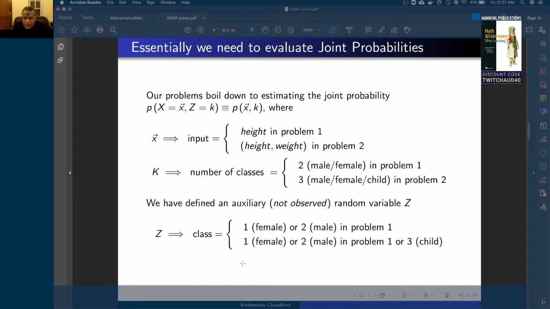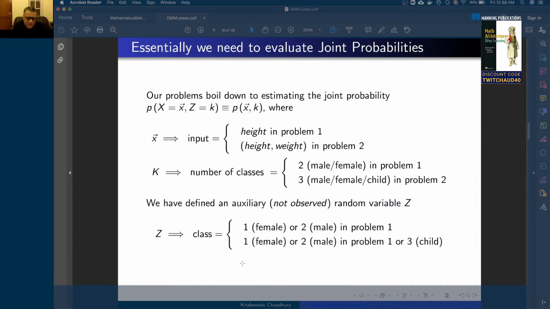We have also defined an auxiliary variable called Z. Why auxiliary? Because we do not have any observation corresponding to it. It's kind of like a hidden variable, so its value is not coming in as part of the input.